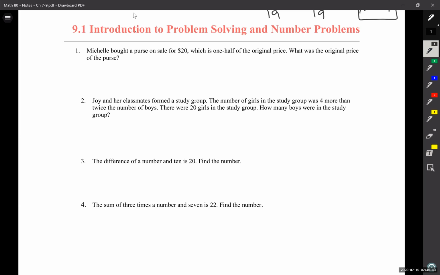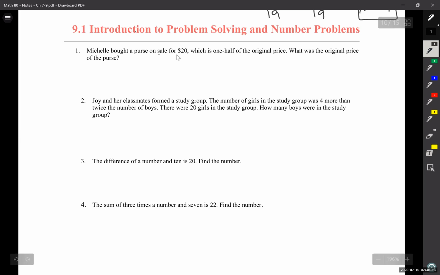Okay, so we're asking for the original price, and it tells us that the sale price, the $20, is 1/2. Oh, I should underline that is also. I'm going to underline this a little differently so I'm getting all the important stuff. Okay.